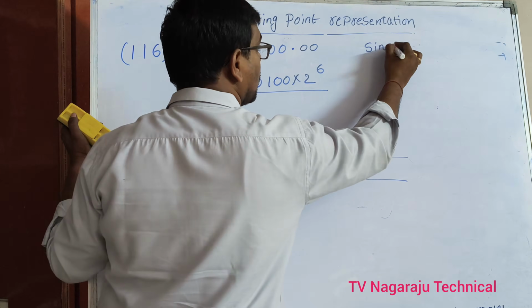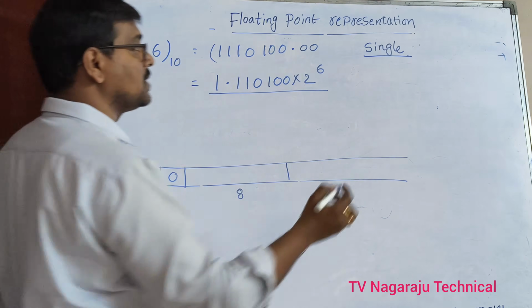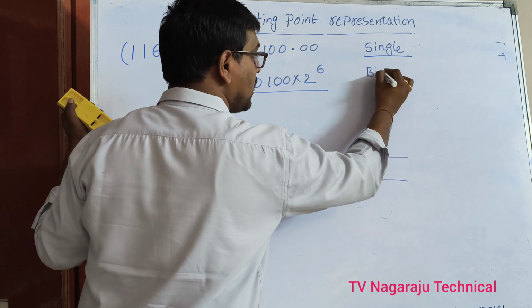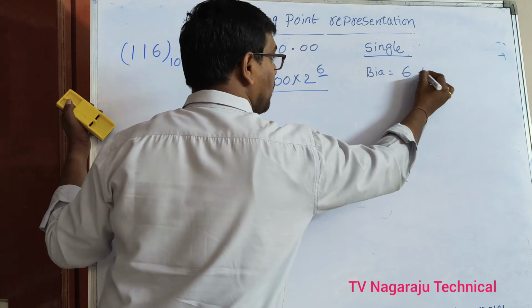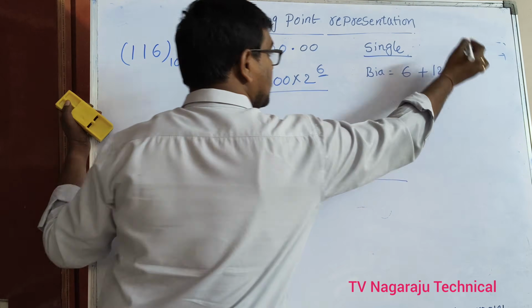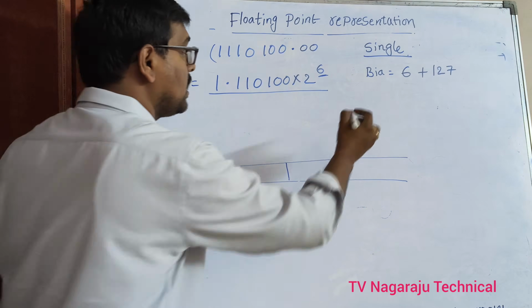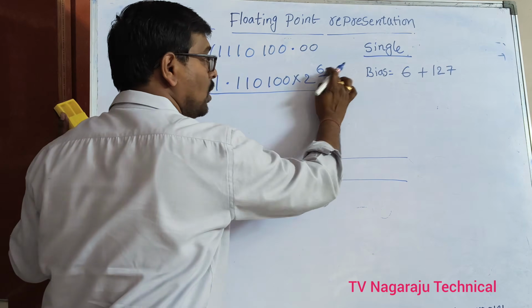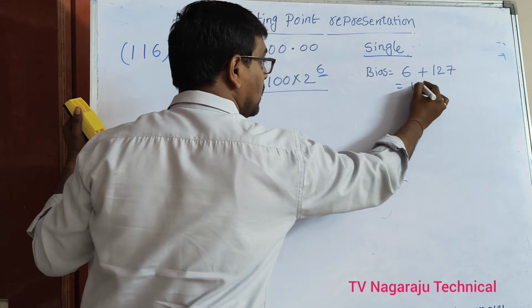For single precision, the biased exponent is equal to the original exponent plus 127. We already discussed how you get 127. So the biased exponent is 6 plus 127, that is 133.